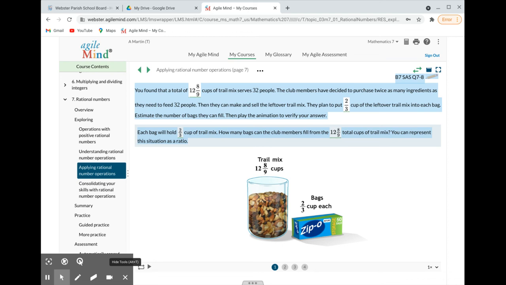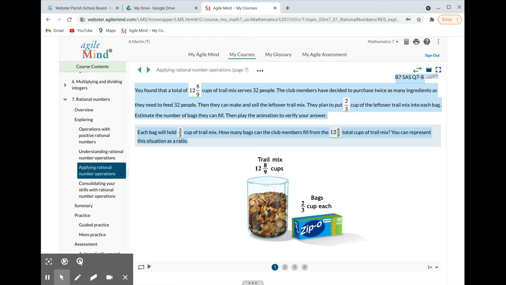Estimate the number of bags they can fill. Then plan the animation to verify your answer. Each bag will hold 2/3 cup of trail mix. How many bags can the club members fill? 12 and 8/9 total cups of trail mix.